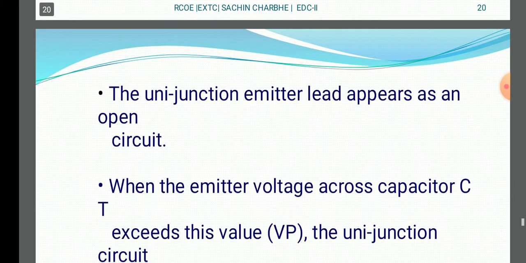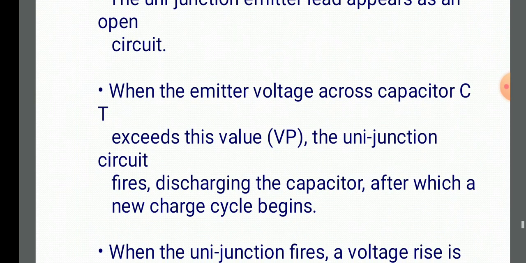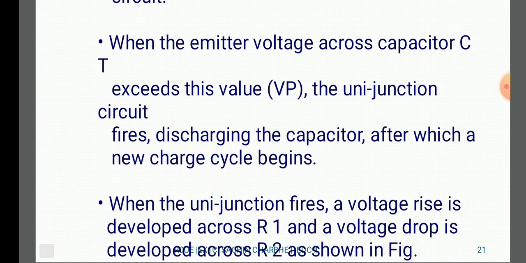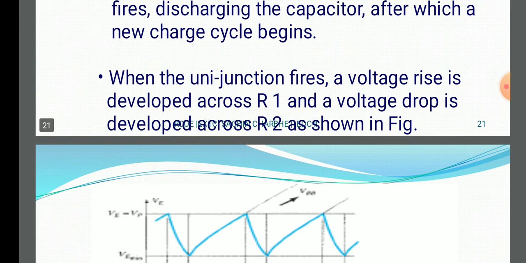The unijunction emitter lead appears as an open circuit until the emitter voltage across capacitor C exceeds this value VP, the peak voltage. Then the unijunction fires, discharging the capacitor, after which a new charge cycle begins.